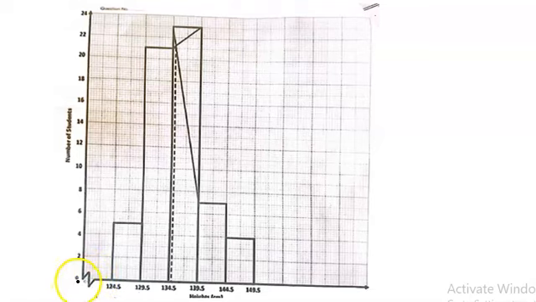You see from 0, you move to 124.5 and then 129.5. The difference here is 5, and it is not equal to the interval here. So that's why we always have to break this to compensate for that. If you are drawing a histogram and you don't include this, you get 0 for the whole graph. So care must be taken.